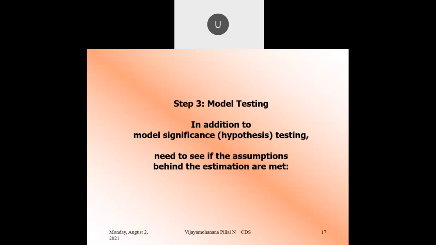But this is very, very important because the estimation is possible under certain conditions, and whether the estimates are valid or not depends on meeting these assumptions. So we have to see whether these assumptions are met or not.